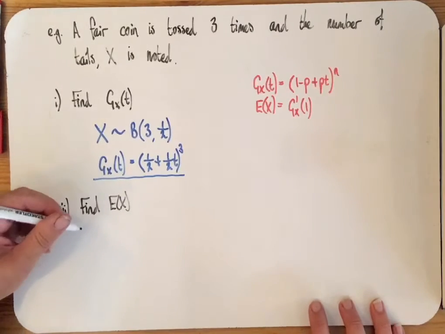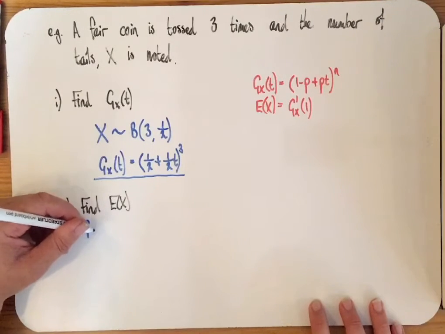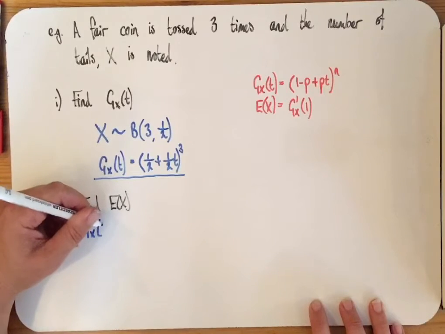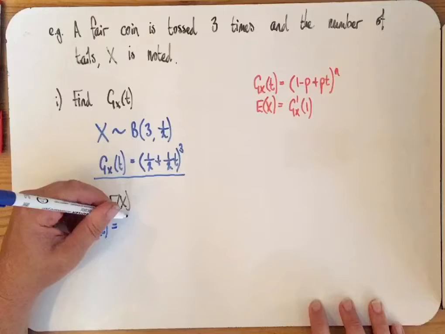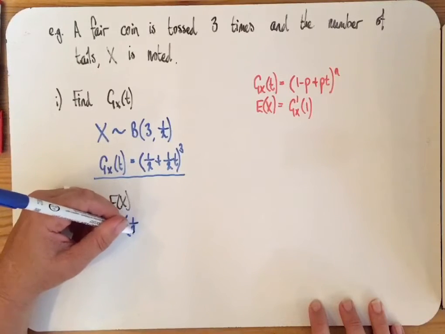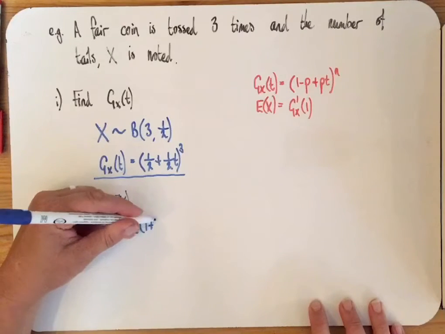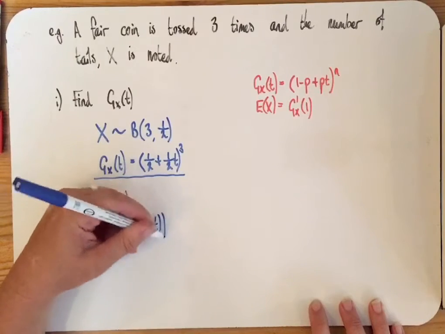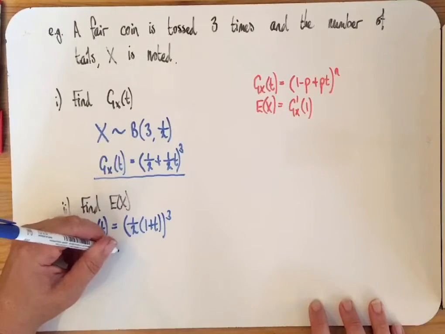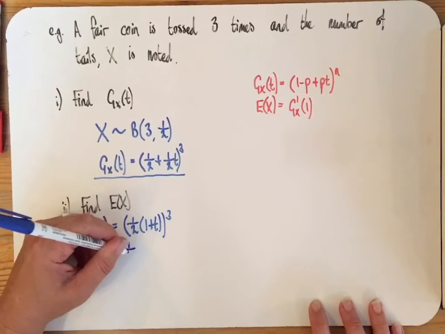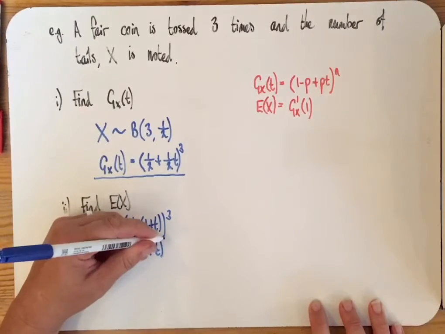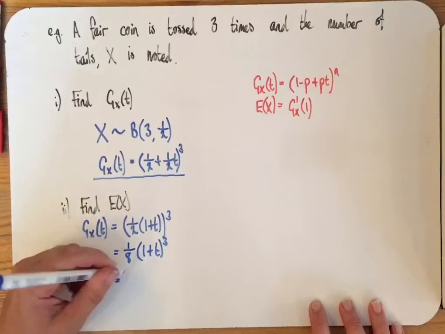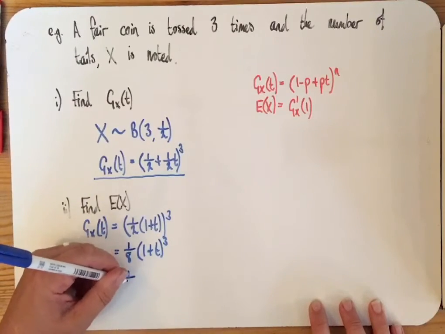So if I pull out a half from that bracket, and then you can split a power across the multiplication, that gives me 1/8 of (1 plus t) cubed, and then you can expand (1 plus t) cubed with a binomial expansion.